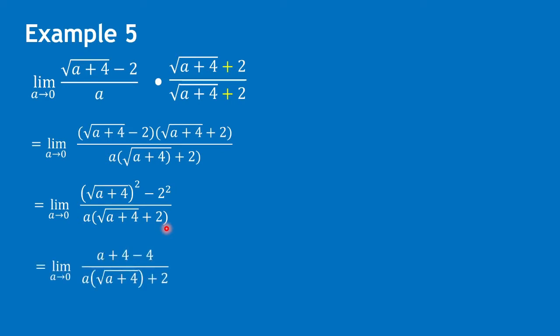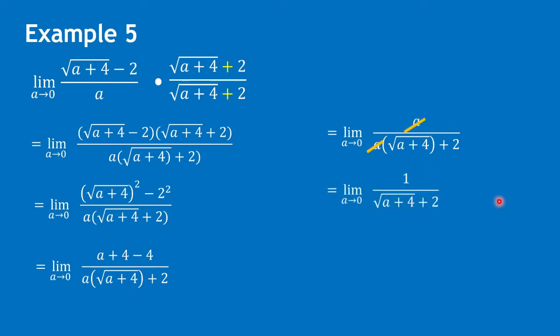Simplifying the numerator, we can have a plus 4 minus 2 squared is 4. We can still simplify the numerator. So 4 minus 4 is 0 plus a, and that would be a. We can cancel a, giving us 1 over the square root of a plus 4 plus 2.